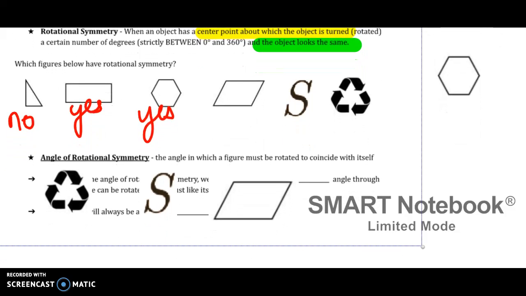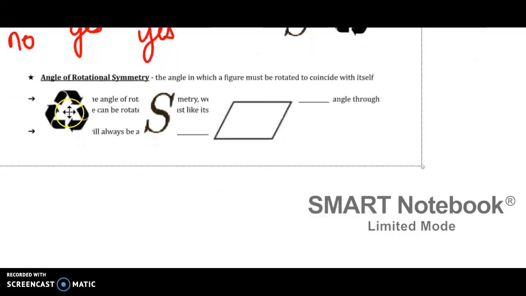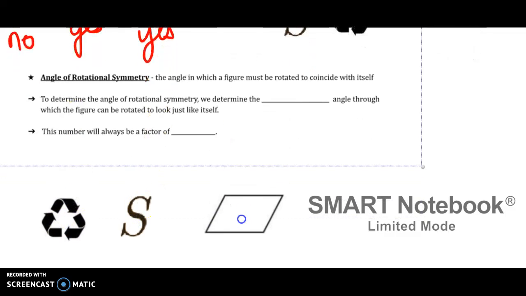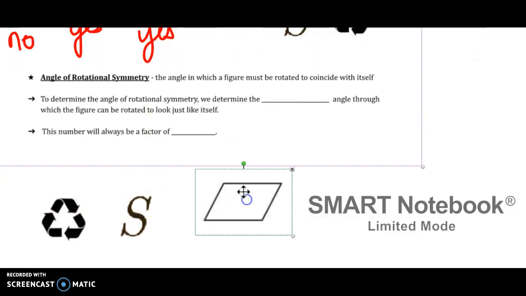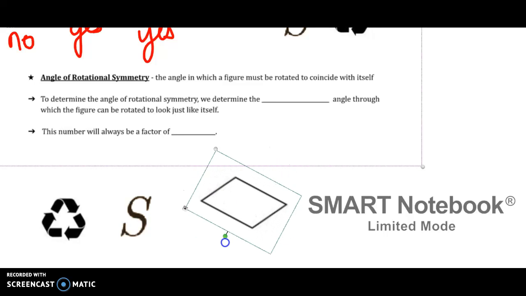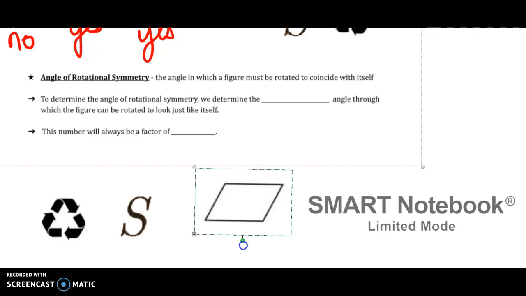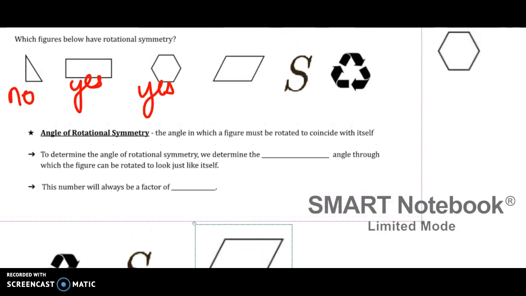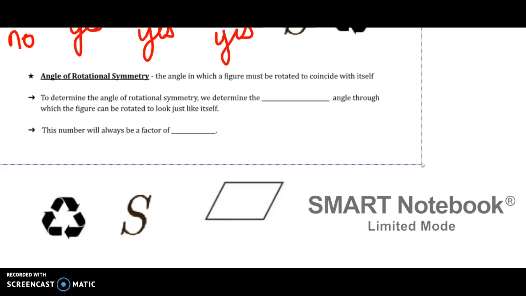Let's look at the parallelogram. I'm turning it. It doesn't look the same. It doesn't look the same. It doesn't look the same. It does look the same, and I have not gone 360 degrees yet, so there is some angle measure between 0 and 360 that maps this parallelogram back onto itself.